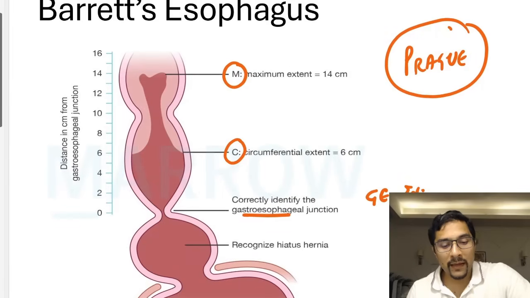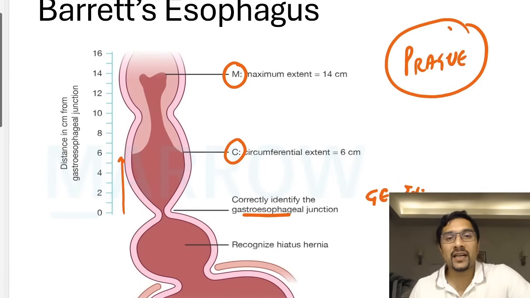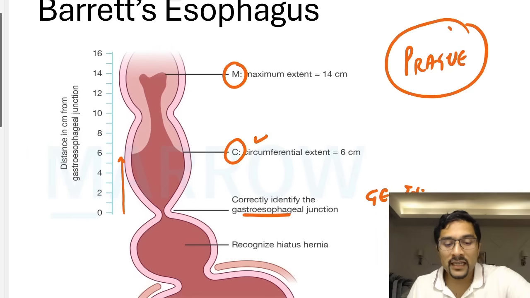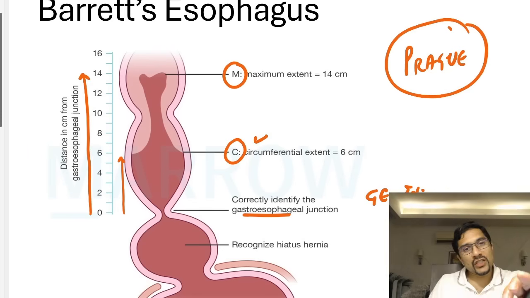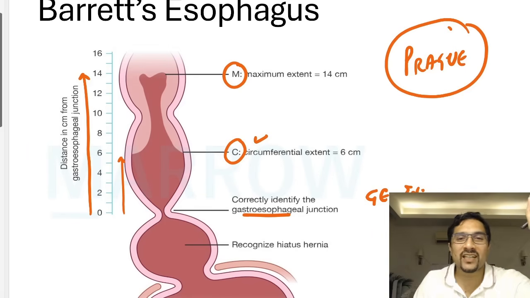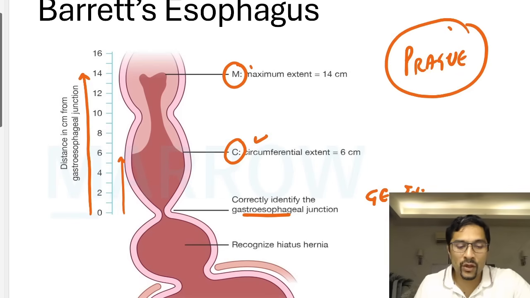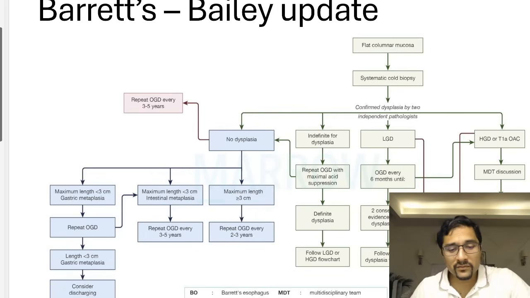The maximum point where there is circumferential Barrett's involvement is labeled as C, and the highest point from the GE junction which is showing any signs of Barrett's is M. So the higher the C and the higher the M score, the more is the risk of malignant conversion, right?